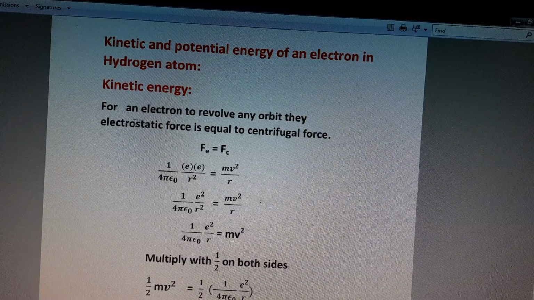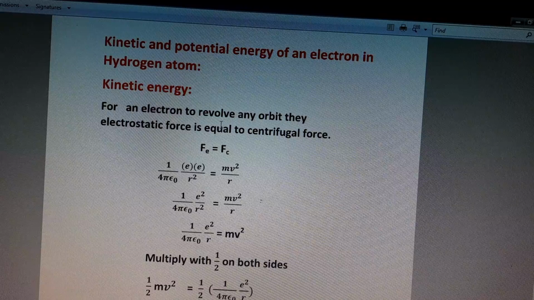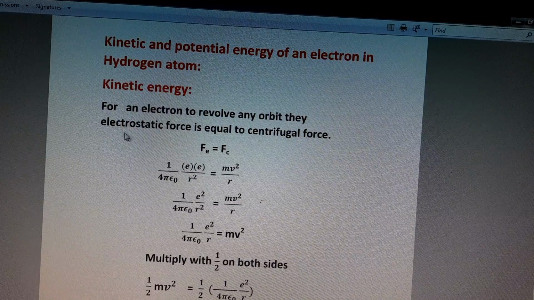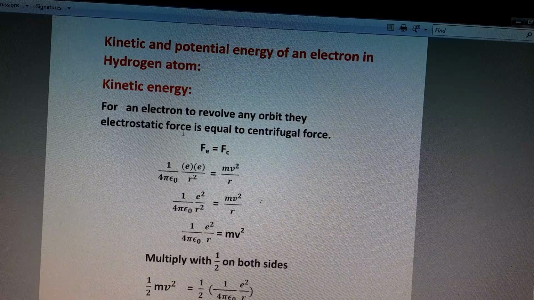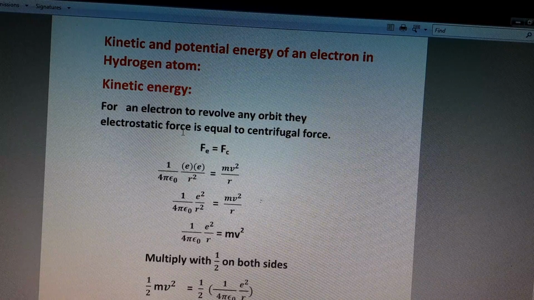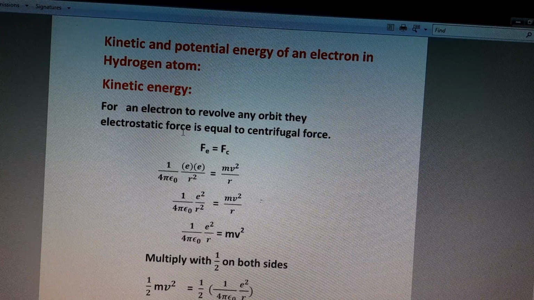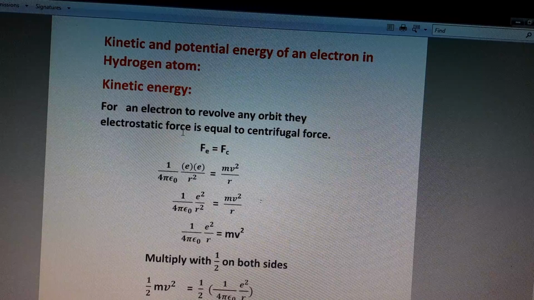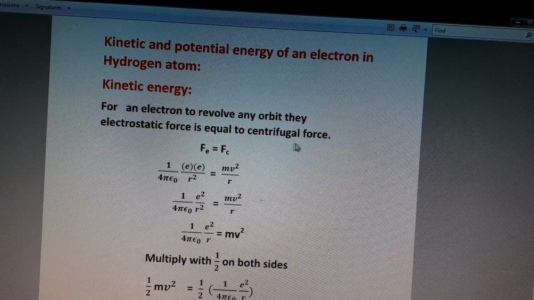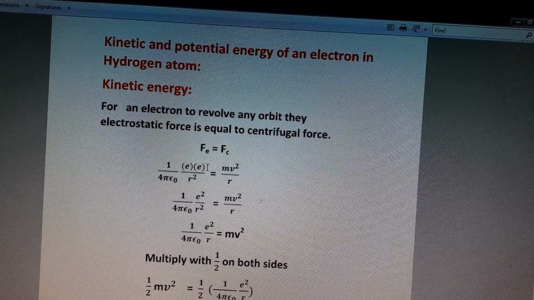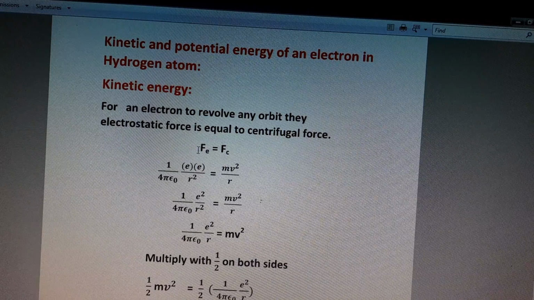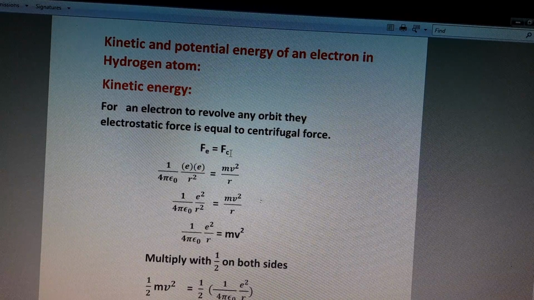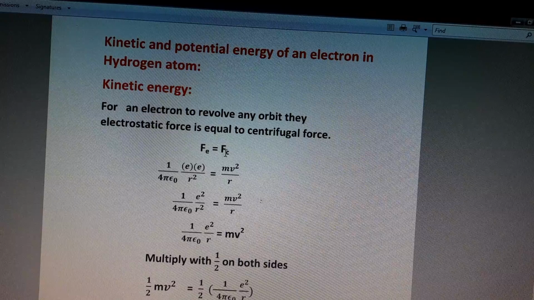When an electron revolves around the nucleus in an orbit, the electrostatic force between the electron and the nucleus is equal to the centrifugal force. So Fe, the electrostatic force, is equal to the centrifugal force Fc.